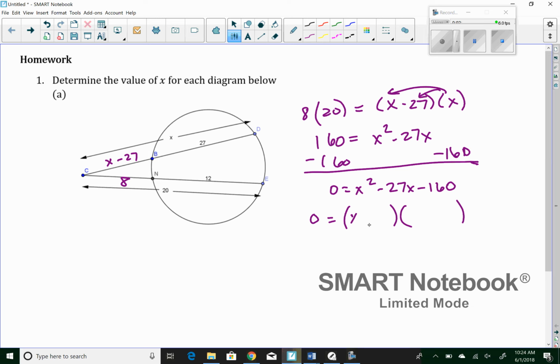So I can make x minus 32 and x plus 5. Negative 32 and positive 5 multiply to make negative 160, but add to make negative 27. Then if I set both factors equal to 0, I get x equals 32, which is my answer. And I get x equals negative 5, which doesn't work for geometry, but I promise will work next year when you're in Algebra 2.